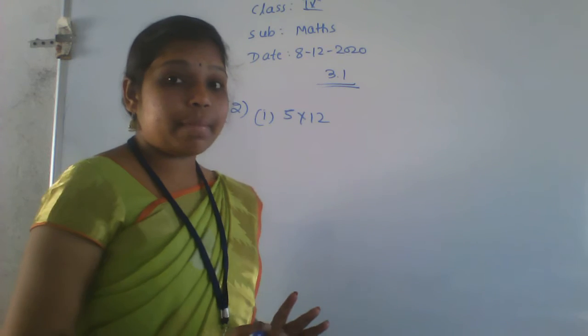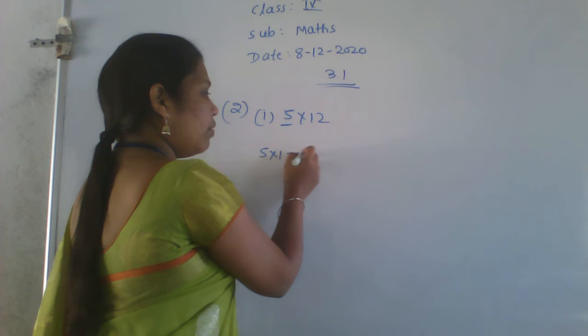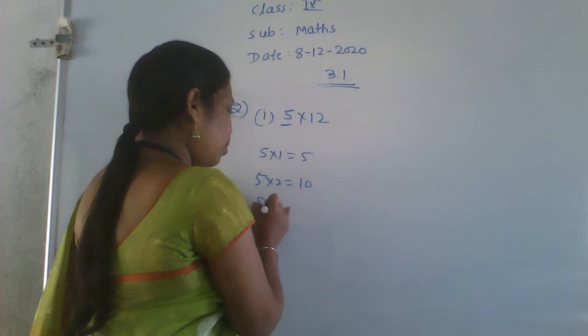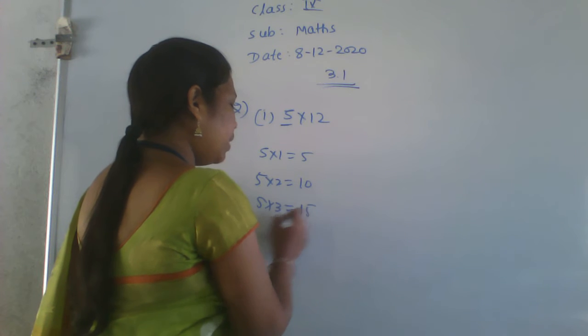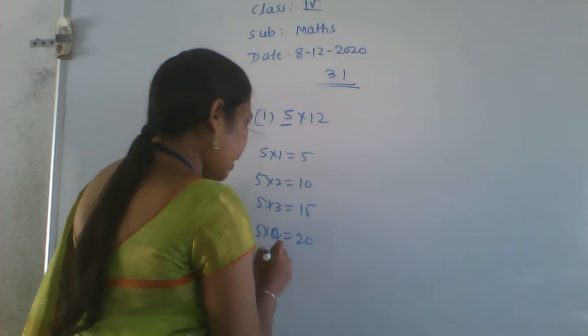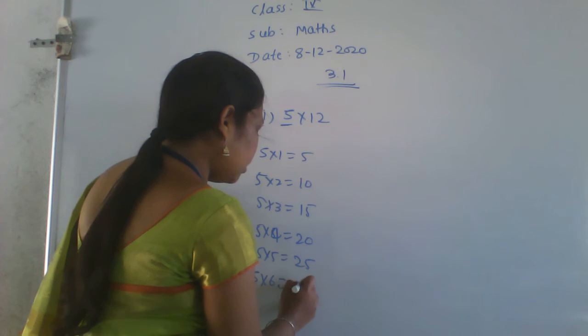6 times table means write the 5 table first. 5 into 1 is 5, 5 into 2 is 10, 5 into 3 is 15, 5 into 4 is 20, 5 into 5 is 25, 5 into 6 is 30.